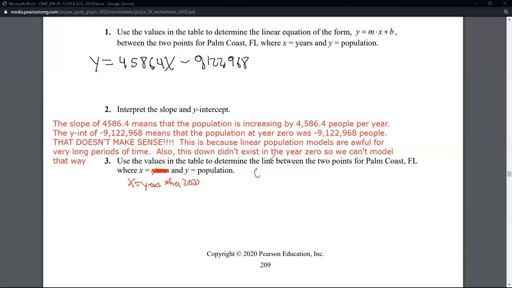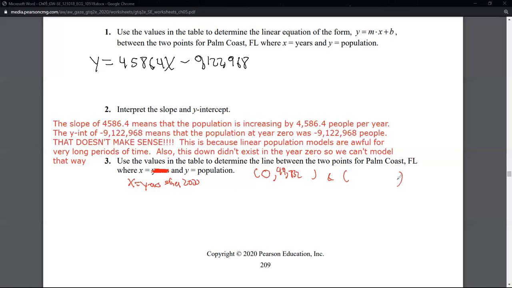But now we're doing years since 2000. So what you're going to notice is that the year 2000, which was originally in that table, is now going to be a 0. The year 2000, when we're using x being the number of years since 2000, is 0. And the population then was 49,832.